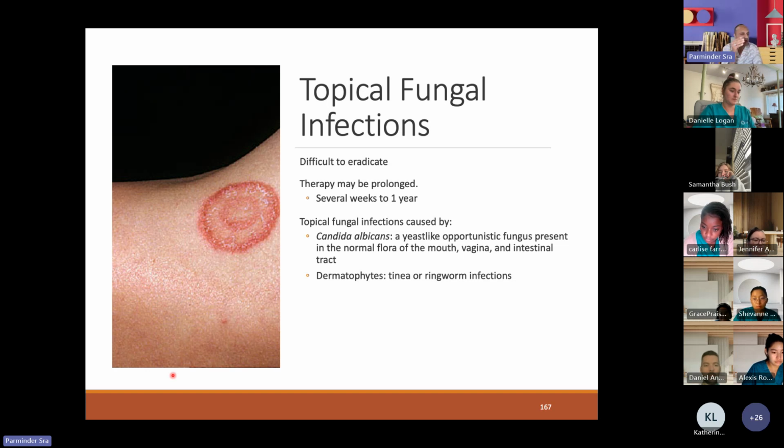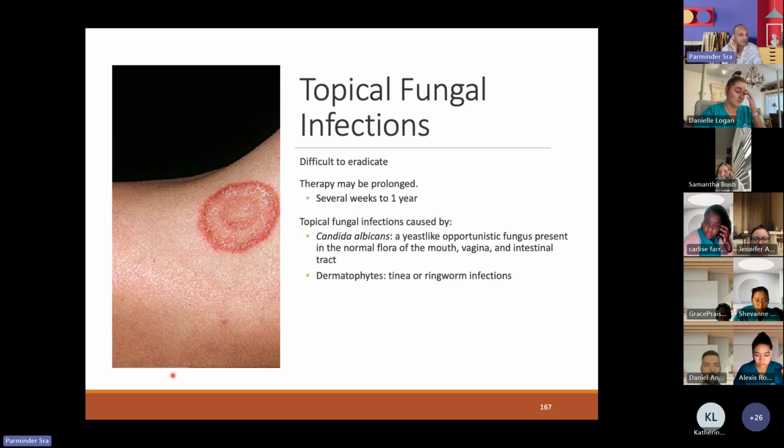For example, tinea pedis, infection there. What is pedis? Foot, yes. Good job, Daniel. So tinea pedis, foot, very common name, athlete's foot, right? Causes itching, scaling, blister, usually between the toes.